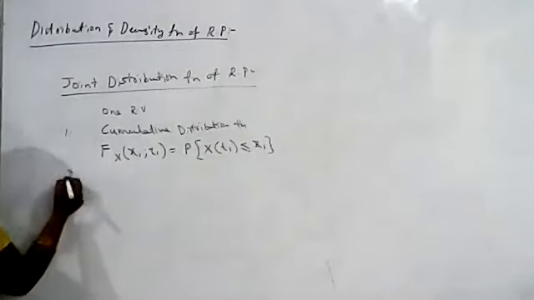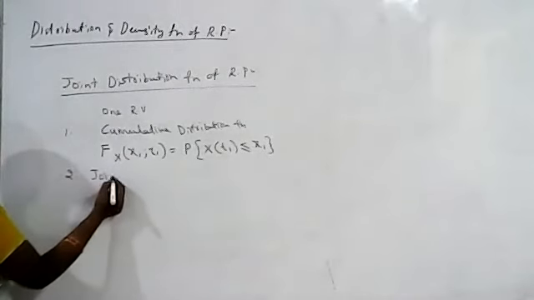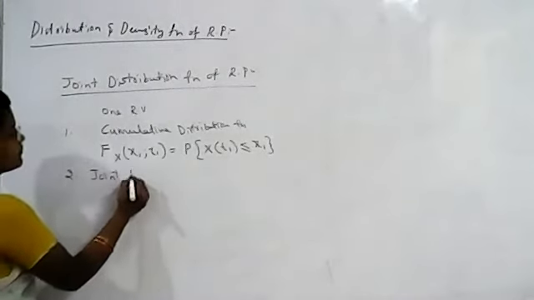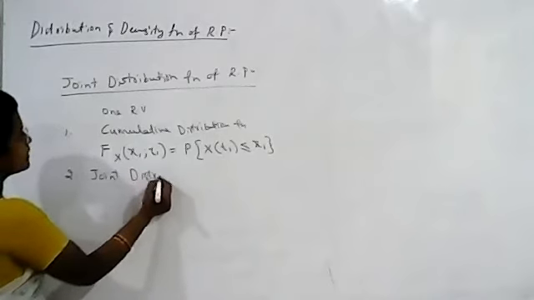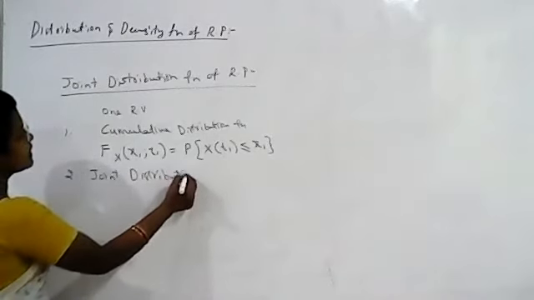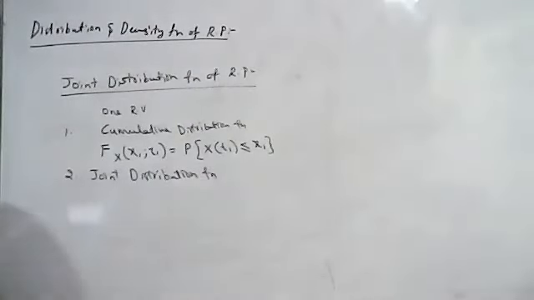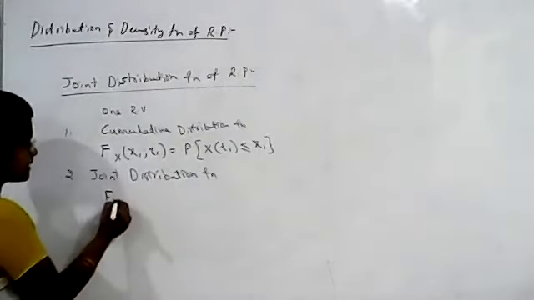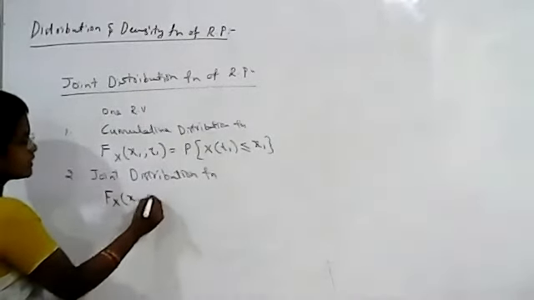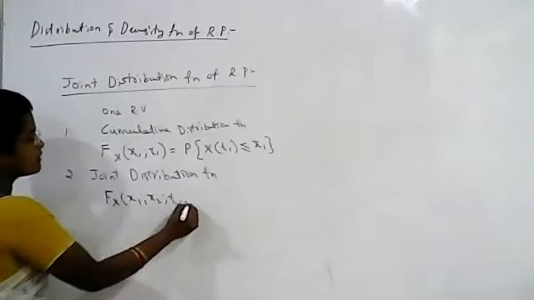Then if you take the joint distribution function, the term joint we get when we have more than one random variable. Here we have more than one random variable. How do we get it as F X of x1, x2, t1, t2?